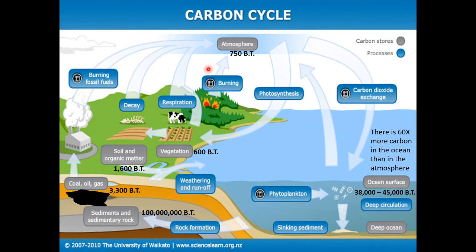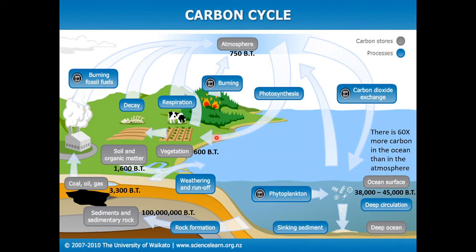And so we have 750 billion tons of carbon in the atmosphere. One thing that I hope sticks out right away to you is one, well, there's a lot of arrows, but two, there are lots of ways to put carbon in the atmosphere, and there's only a few ways to take it out, right?